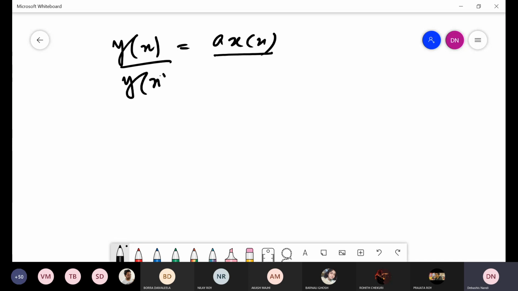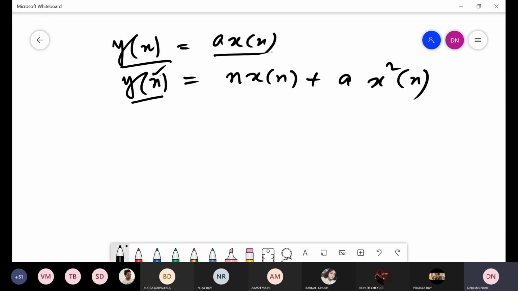Similarly, yn is equal to, for example, n xn plus a x square n. This is a second order, quadratic system. But here again we see that the output at a particular instant n depends on the input at that particular instant n. So this is a static or memoryless system.